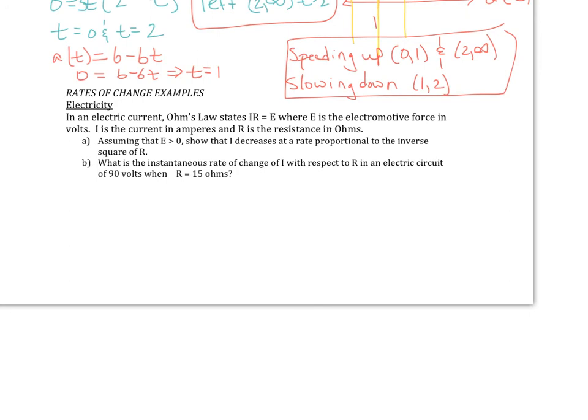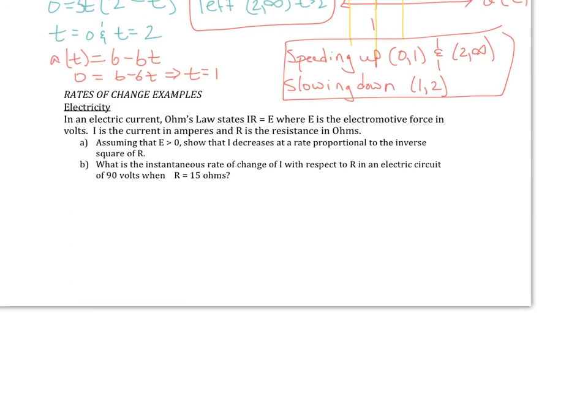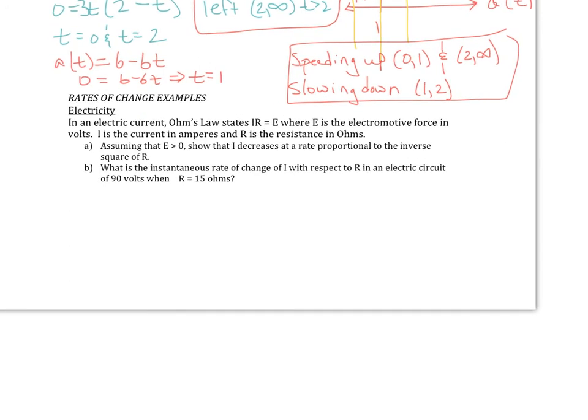For part A, I'm going to go ahead and solve for I. I'll get I equals E over R. Now that I equals E over R, what I can do is take a derivative, because it's asking me for a rate. Whenever I take a rate, I want a derivative.